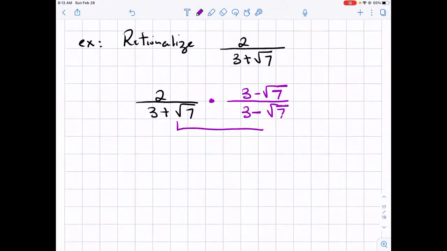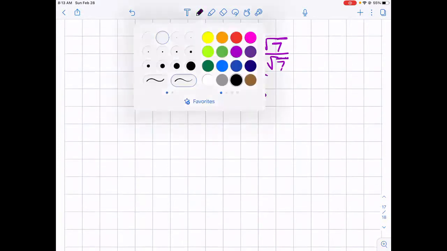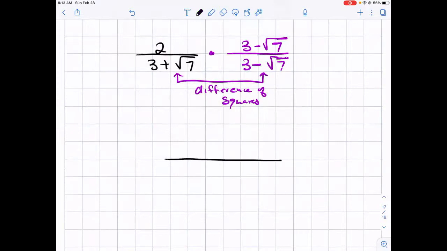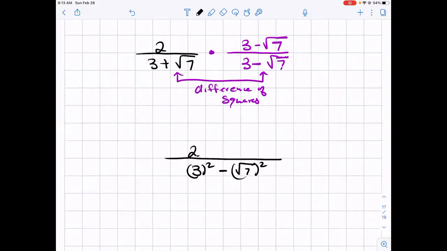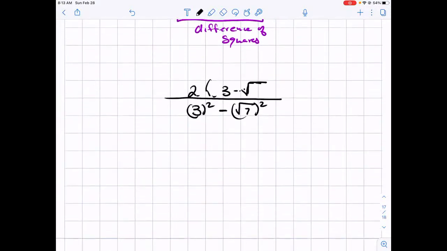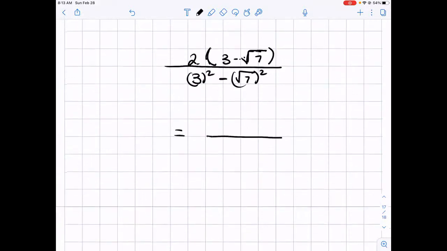And notice that this is a difference of squares. So when you multiply them, the denominator will be 3 squared minus the square root of 7 squared, and in the numerator you will have 2 times parentheses 3 minus root 7. So in your denominator, you have 9 minus 7.